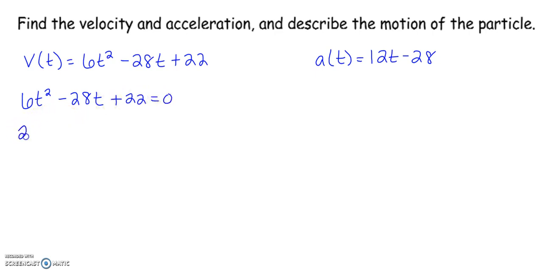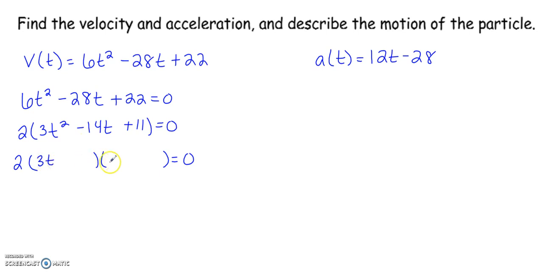I'm going to take out a 2 to make life a little easier. So that will become 3t squared minus 14t plus 11 equals 0. At this point, we will need to factor. If you're not good at factoring a quadratic, get really good at using the quadratic formula.